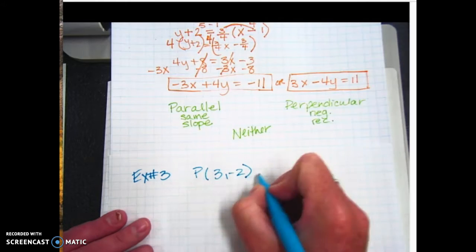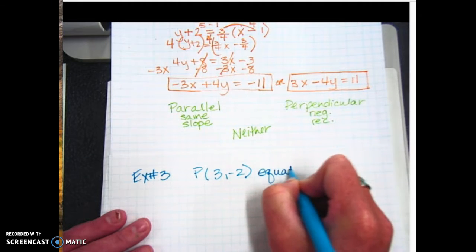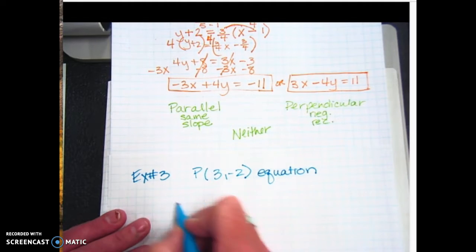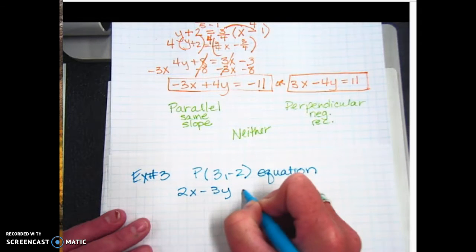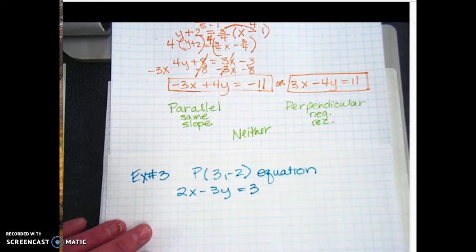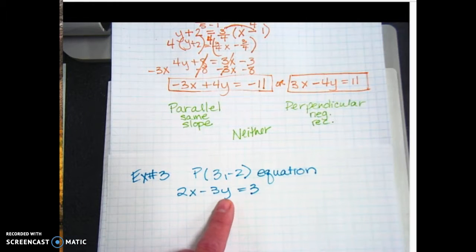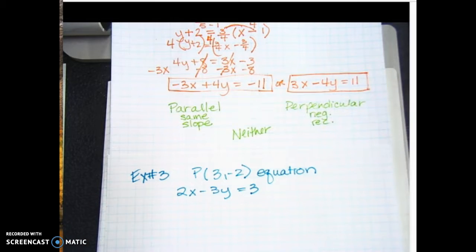And this time, I'm going to give you an equation: 2x minus 3y equals 3. We need to come up with an equation of a line that goes through this point, and then once we get that, we're going to get a line that's perpendicular to it and a line that's parallel to it.